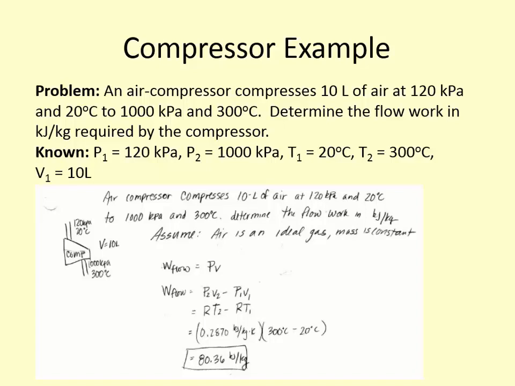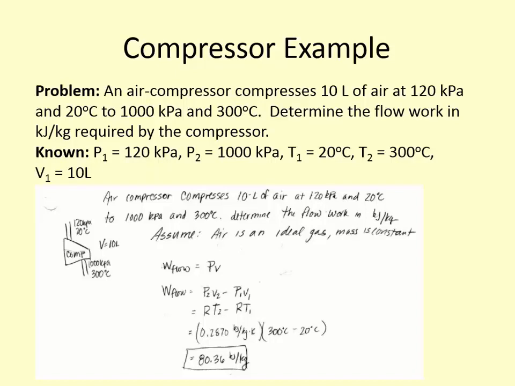So we can use the ideal gas equation, and solve explicitly for the specific volume at state 1 and state 2. If we remember that PV is equal to RT, we know R, we can look that up, and the temperature is given. So we can rewrite this as RT2 minus RT1.